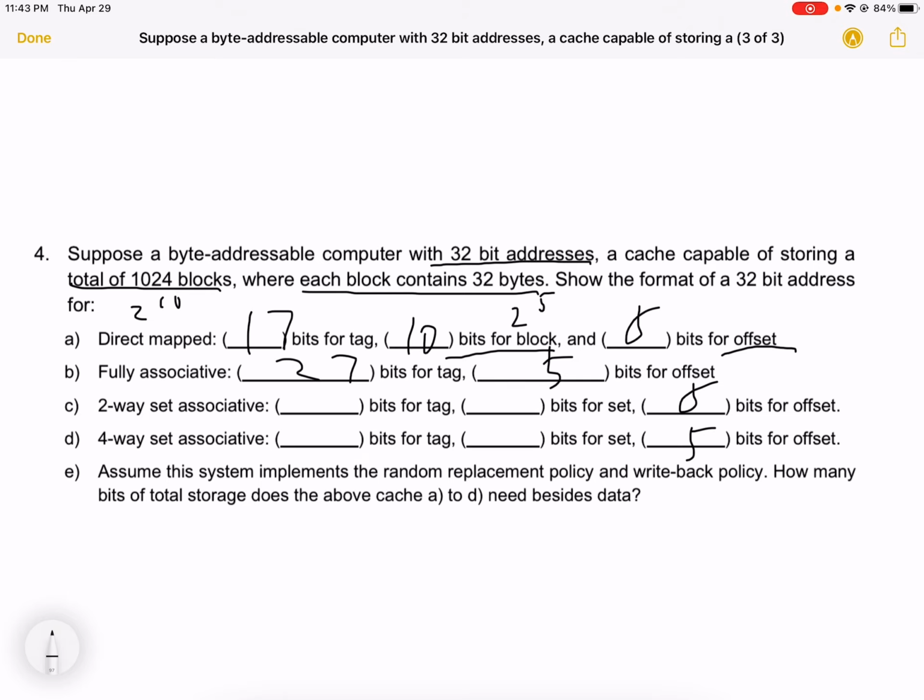The way for us to find the sets is we use the amount of blocks, and then we divide it by 2. So let me do this real quick.